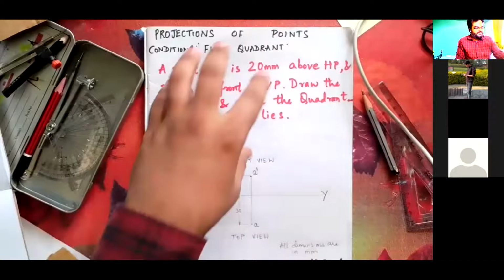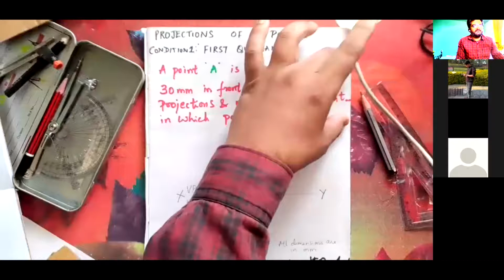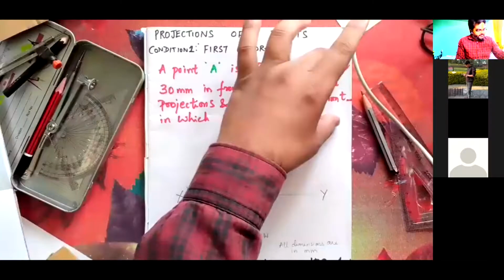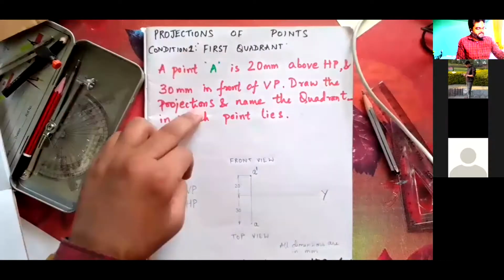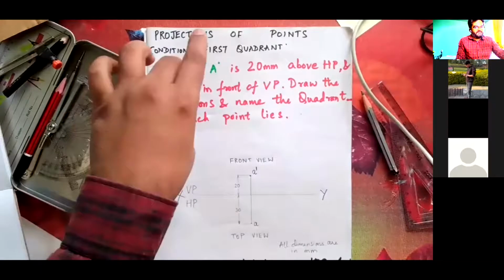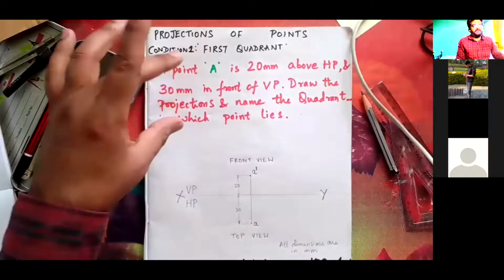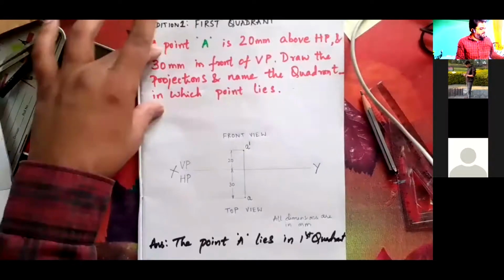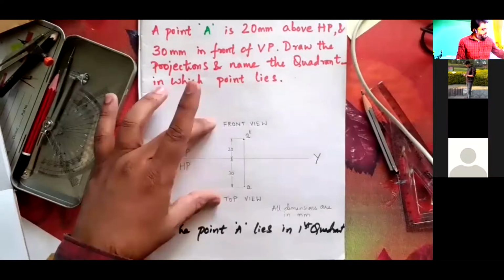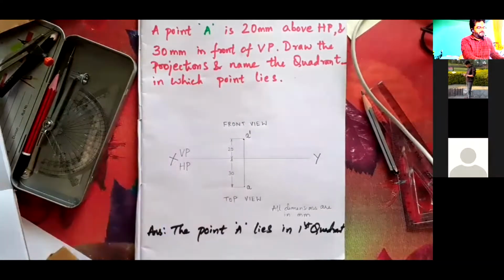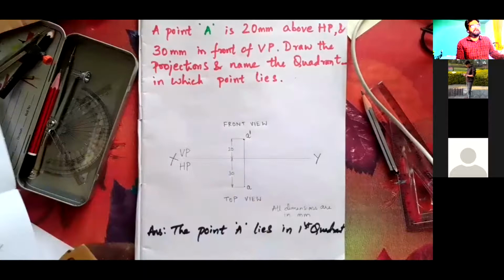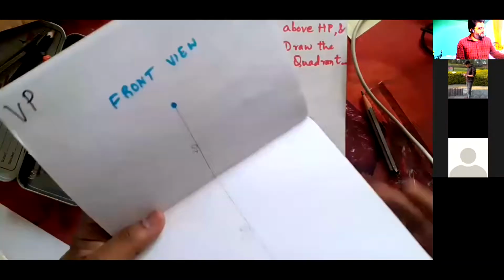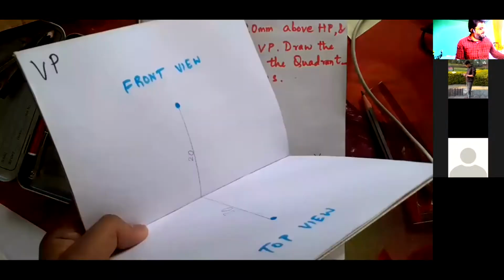This is a three-dimensional concept that has to run in your mind: imagining the object in 3D orthographic projection, then converting it into a 2D drawing. This concept will run like this in the first quadrant, and then imagine it and represent it.